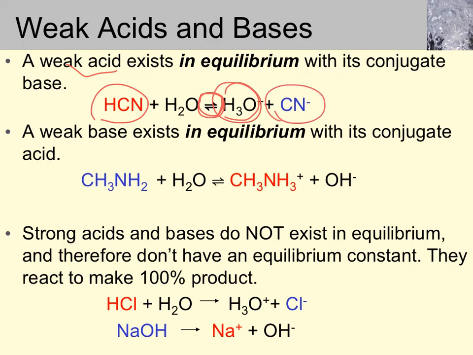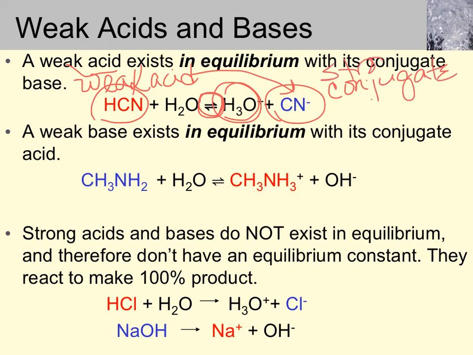So now, if you remember what I just said in the last slide, if you start with a weak acid, its conjugate base is going to be stronger. The weaker the acid, the stronger the conjugate base. So they're oppositely linked.